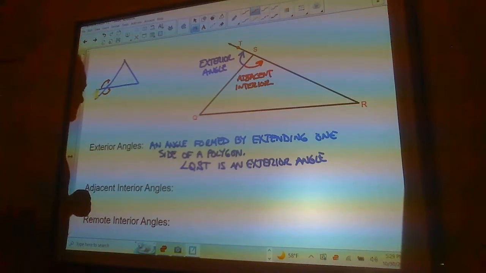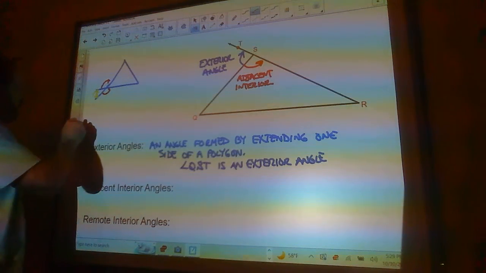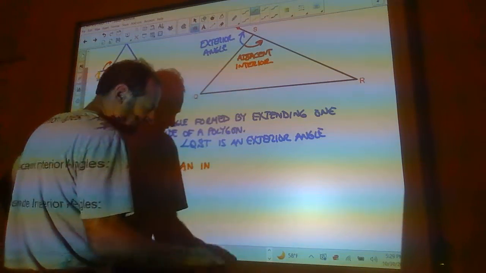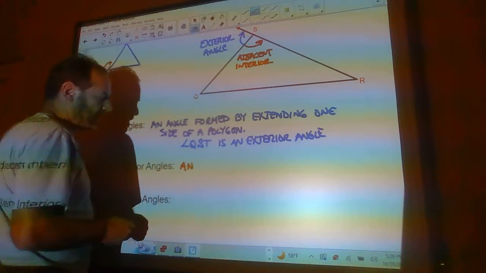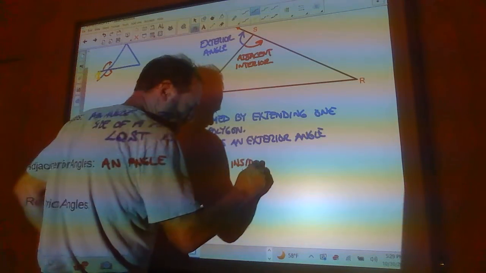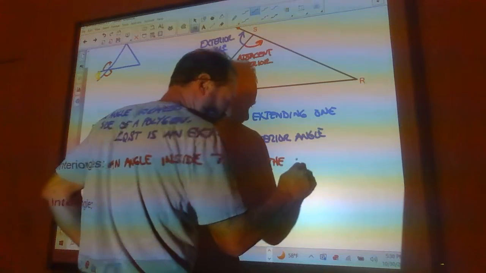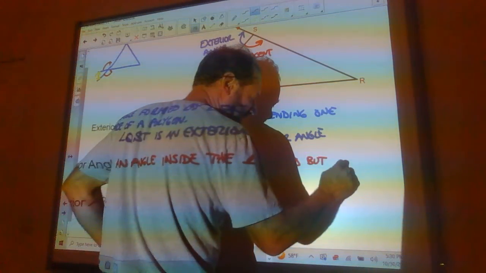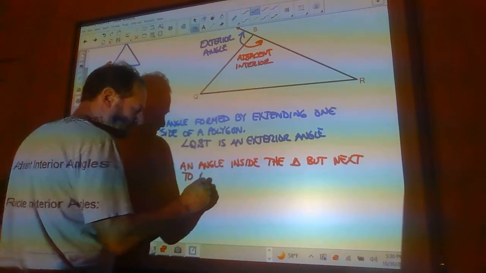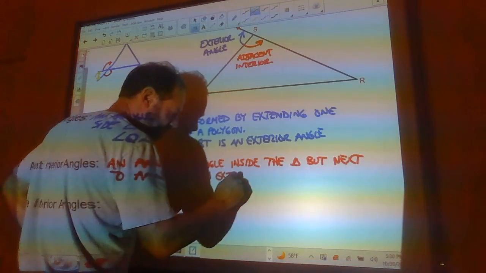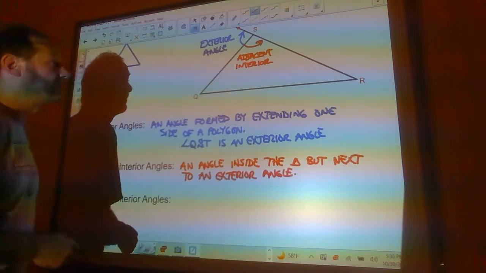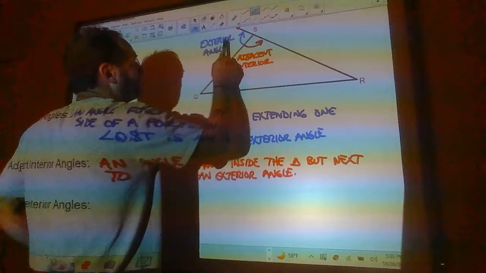So an adjacent interior angle is, let's not use interior in the definition, an angle inside the triangle, but next to an exterior angle. So there's my adjacent interior angle because it's next to the exterior angle.